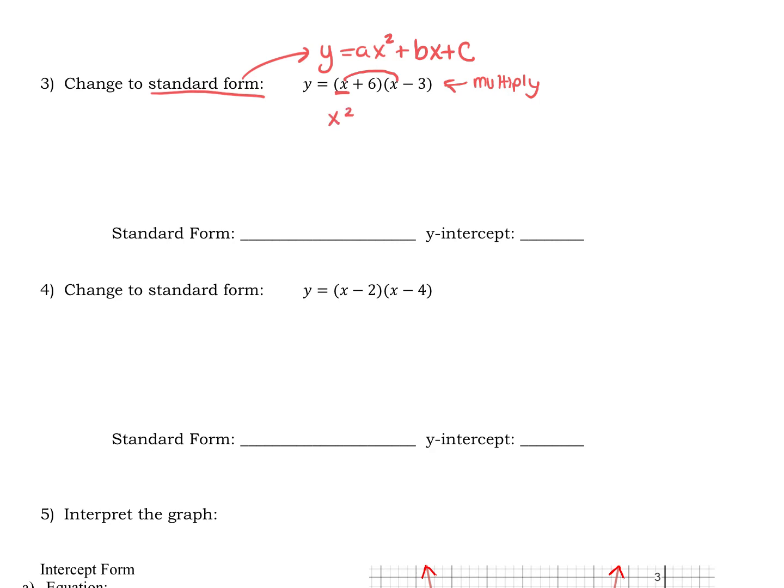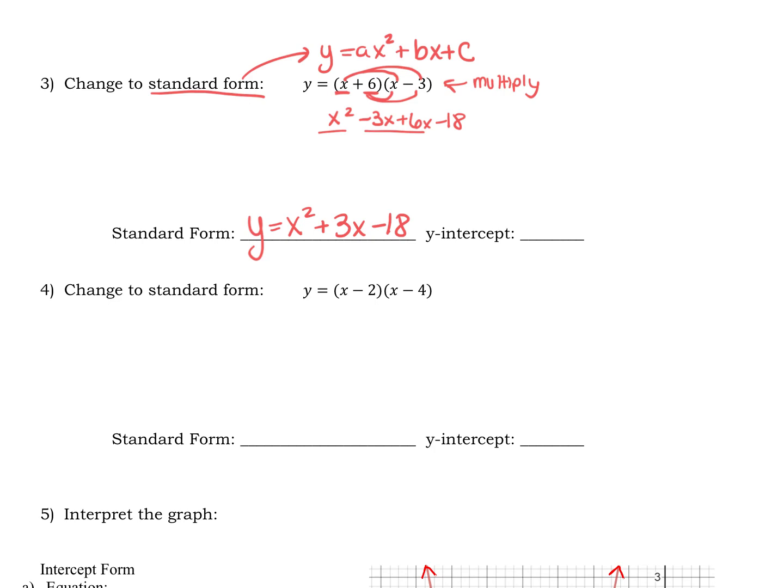Then I'm going to do x times negative 3 to get negative 3x. Then I'm going to do 6 times x to get 6x, and 6 times negative 3 to get negative 18. Then I can combine these two like terms in the middle, so negative 3 plus 6 would give me positive 3. So my standard form would be x squared plus 3x minus 18.